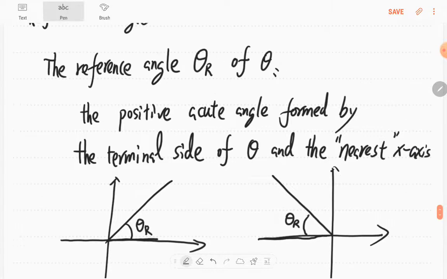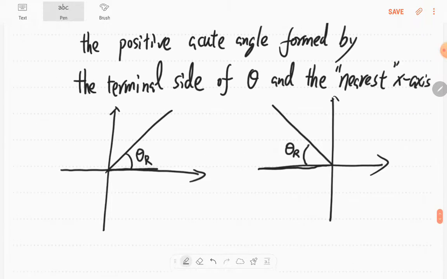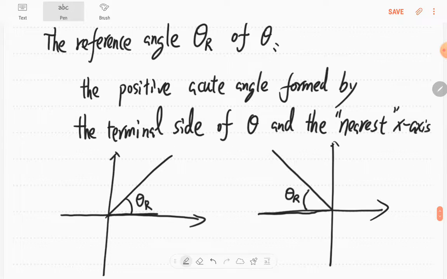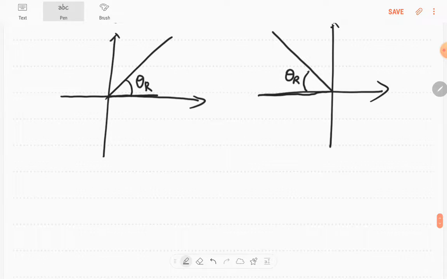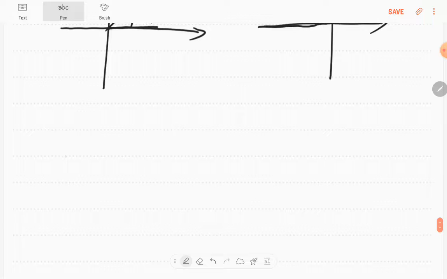The reference angle is always a positive acute angle, so it's always between 0 and pi over 2, less than 90 degrees, right?